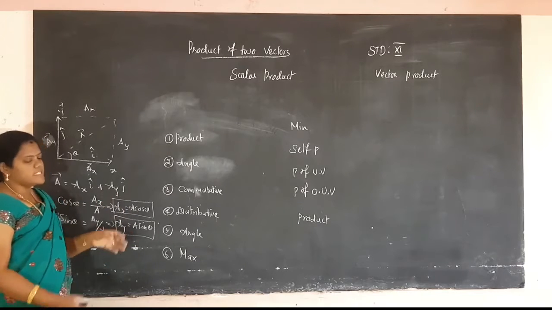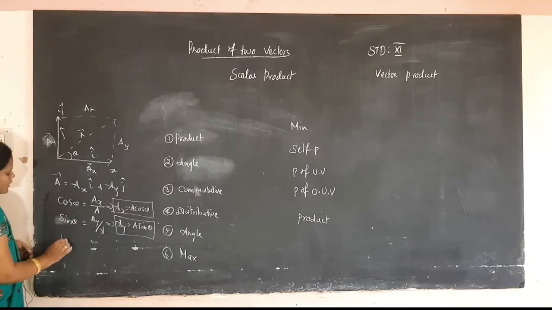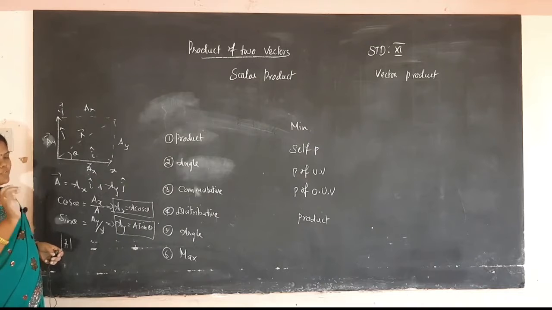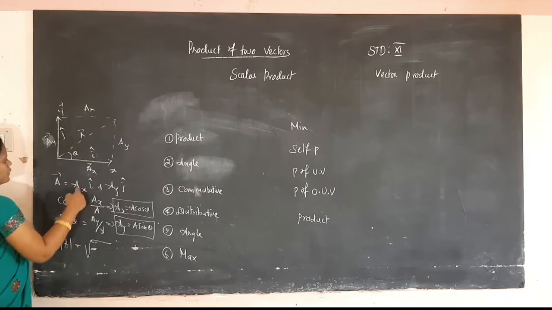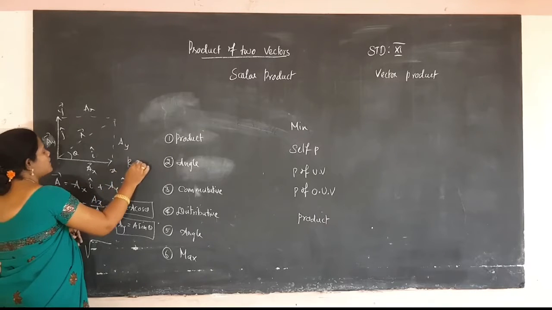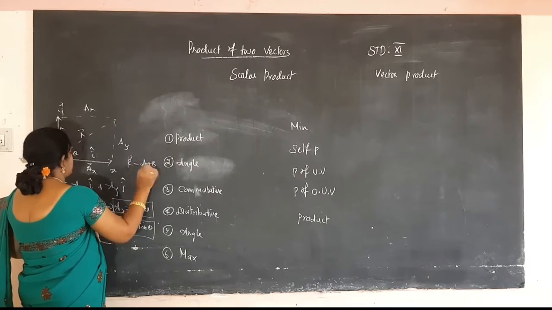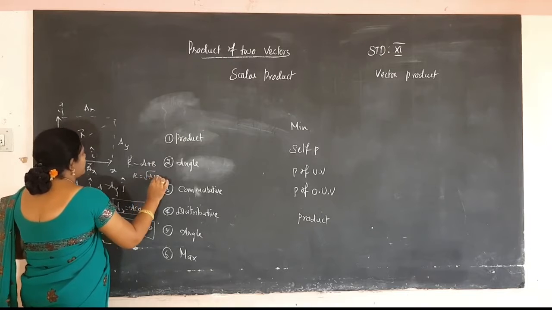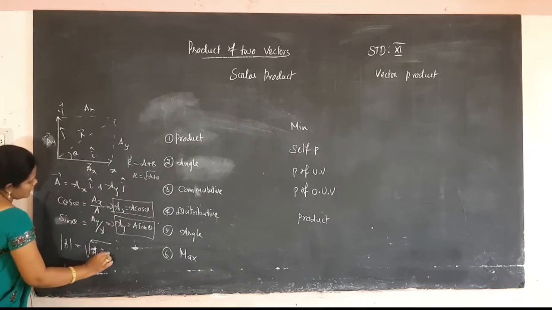Okay, so now consider what is the value of the modulus of A. The modulus of A tells the magnitude of vector A. How will you calculate it? This is the formula: R squared is equal to A squared plus B squared, so R is equal to root of A squared plus B squared. Here, it is root of Ax square plus Ay square.